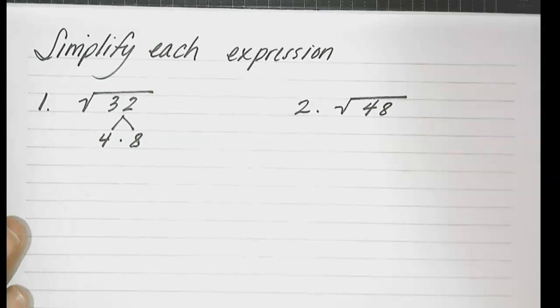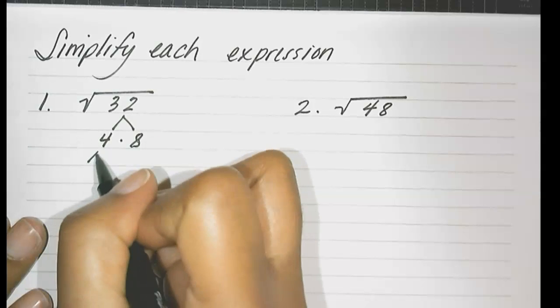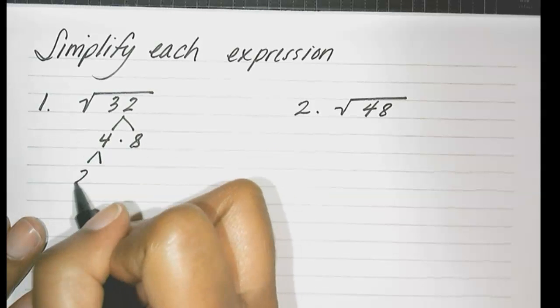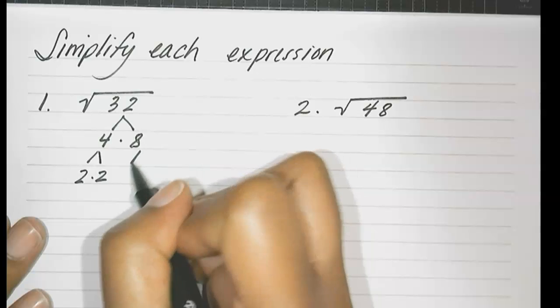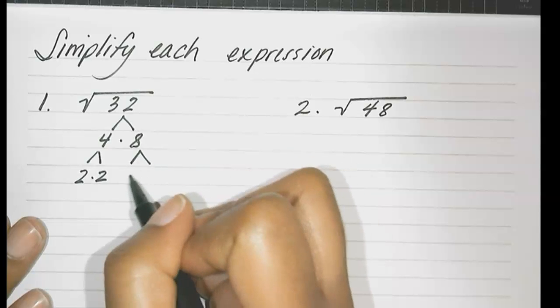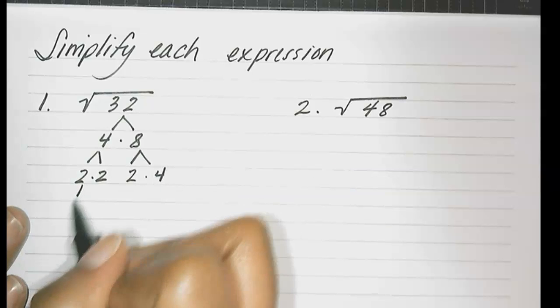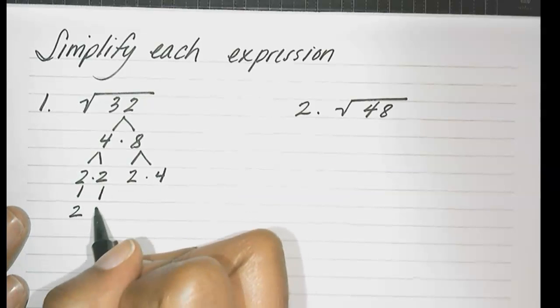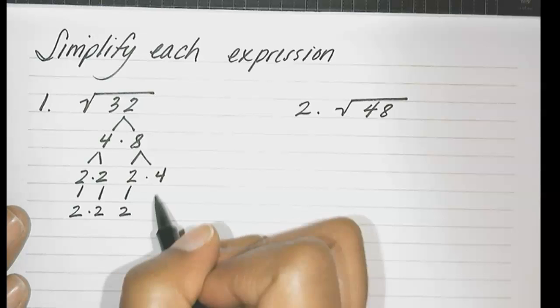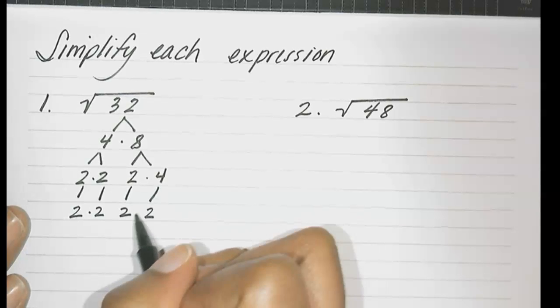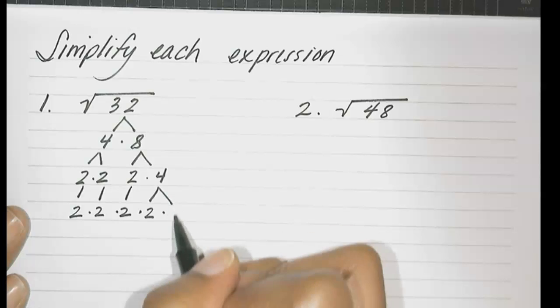I'm going to continue my factor tree. I know that 4, because we do our factor tree until we get primes, or like with the party, until we have a pair, can be written as 2 times 2. So that means I would have 2 times 2 times 2 times 2 times 2.